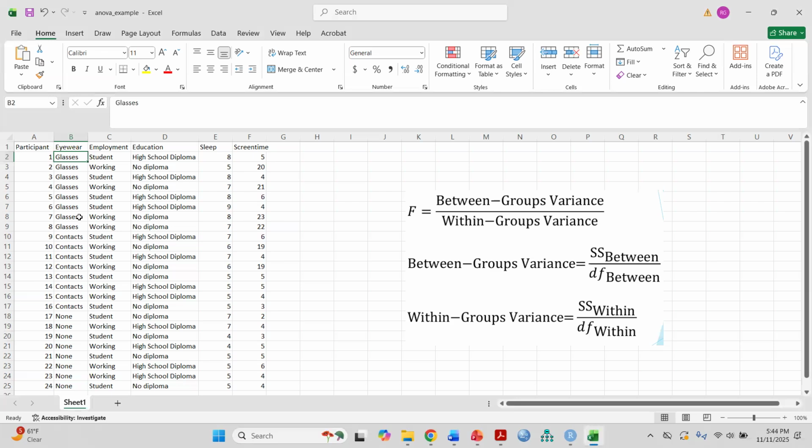You can see that it's a categorical variable and it has three different levels. People who are wearing glasses, people who are wearing contacts, and people who don't wear either glasses or contacts. We'll skip over employment and education, and then we've got a couple of numeric variables, sleep and screen time.